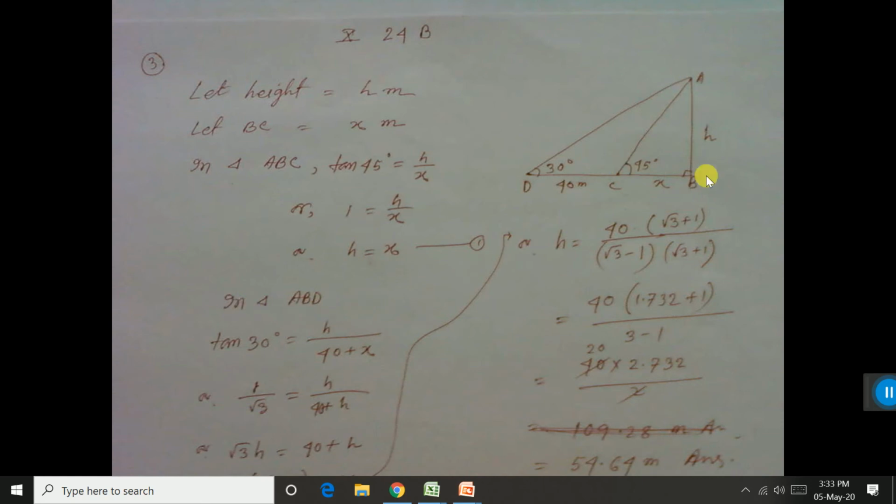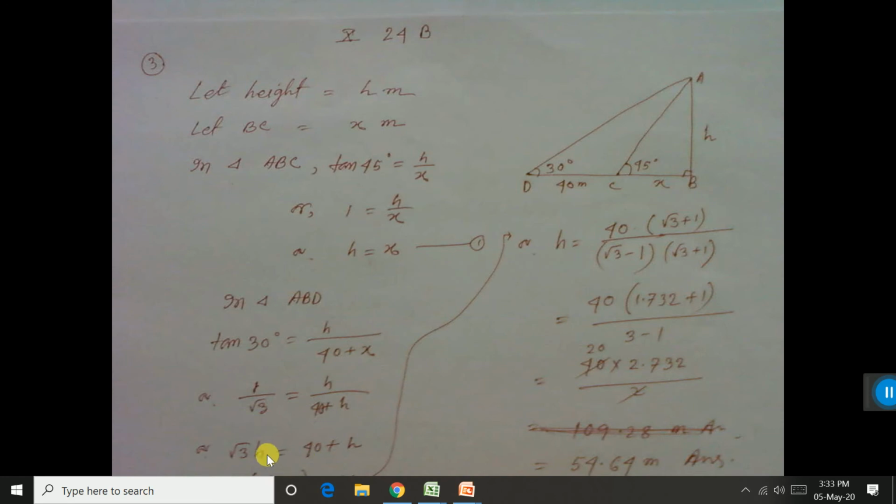Now in triangle ABD, this triangle 30 degree, tan 30 value perpendicular by base, perpendicular is h and base is x plus 40. Tan 30 value 1 by root 3. Now in place of x you put h, because x equal to h. Now cross multiplication, root 3 into h equal to 40 plus h.